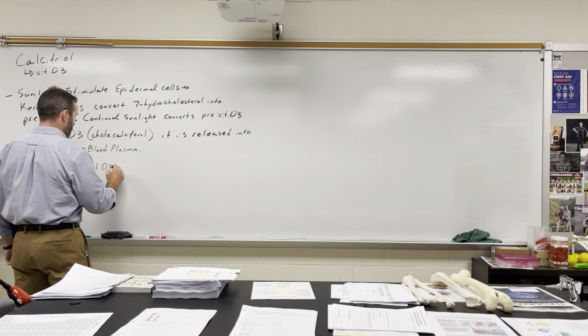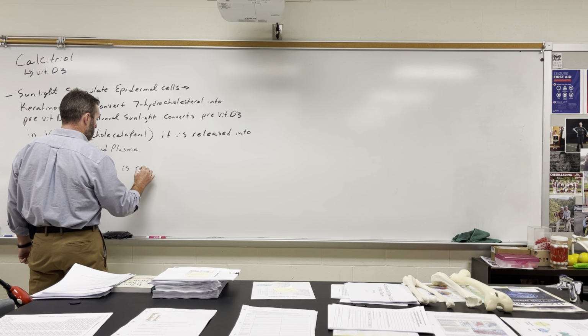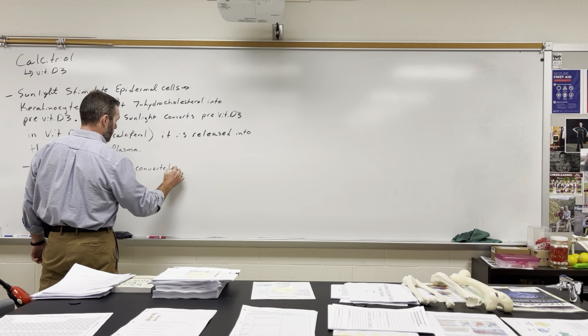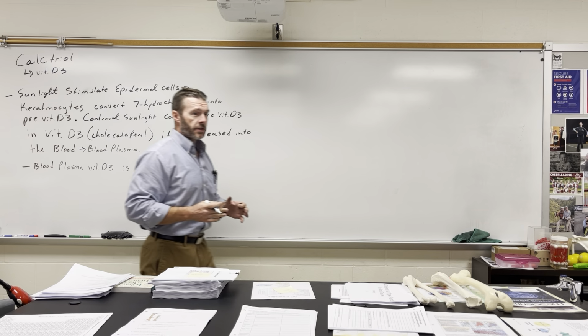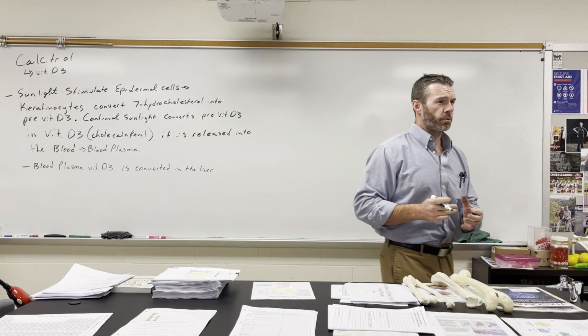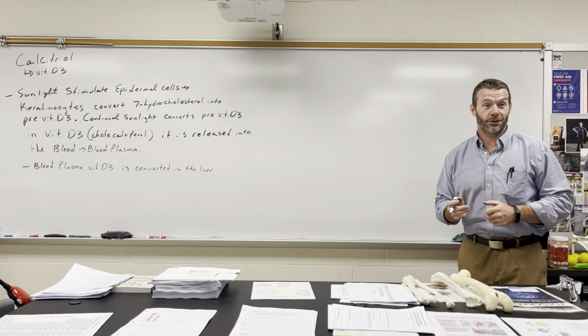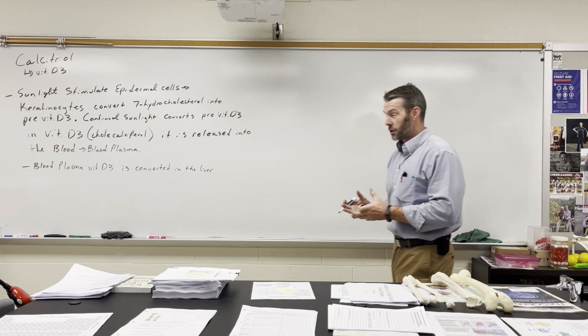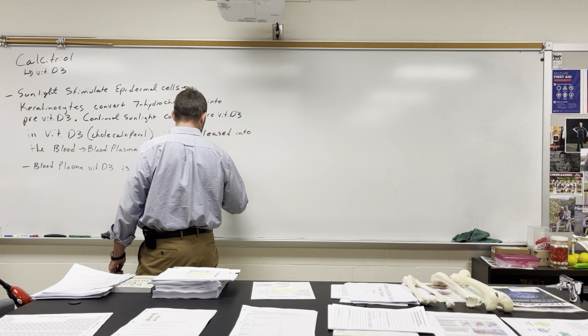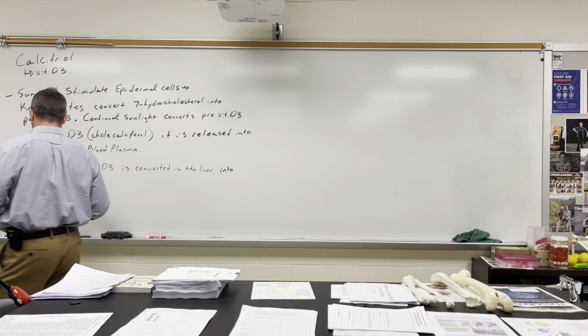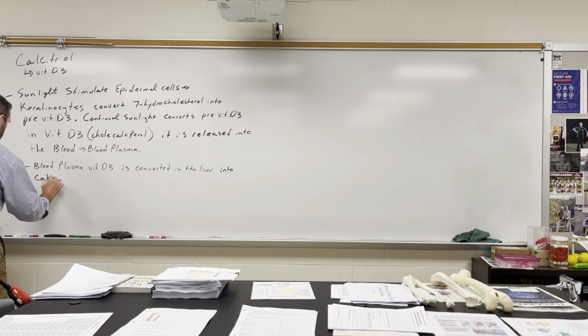So blood plasma vitamin D3 is converted in the liver, and it's converted in the liver by putting a hydroxyl group, which is an OH group, onto this vitamin D3 molecule. And it's converted in the liver into a precursor hormone called calcidiol. Calcidiol will now continue throughout the circulation.